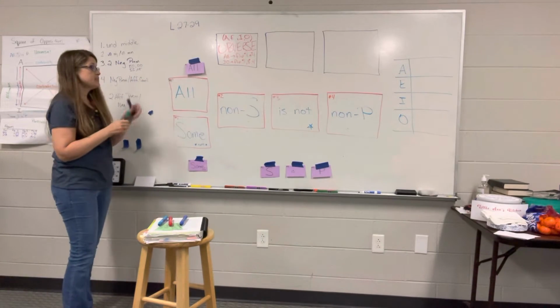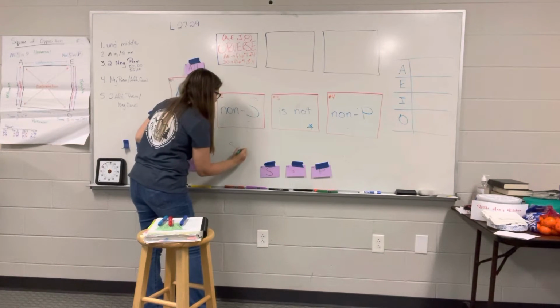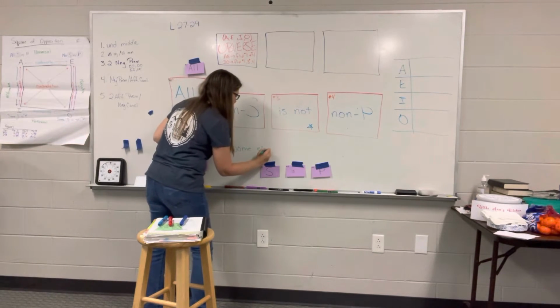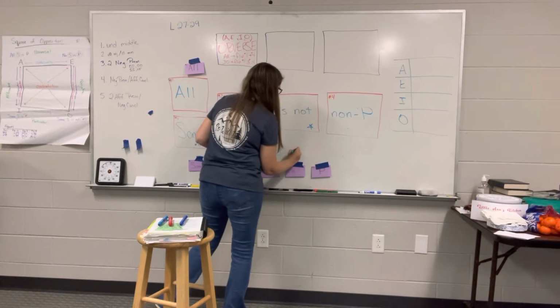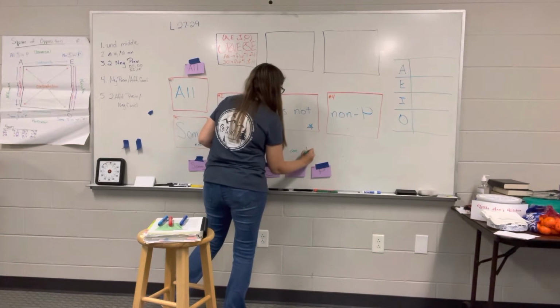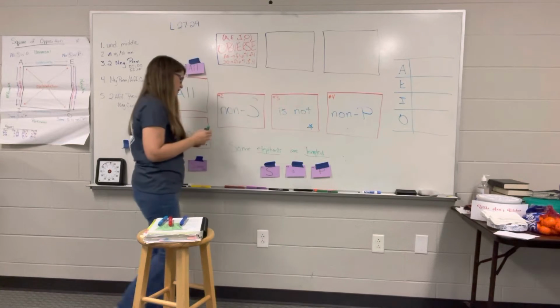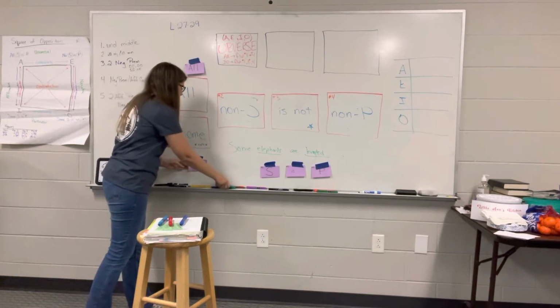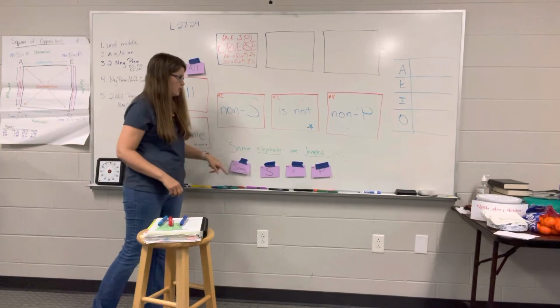Okay, an I statement. What does an I statement look like? Some elephants are hunted. It's very true, but it would be hunted creatures. So we're going to start it out with our cards: some elephants are hunted.